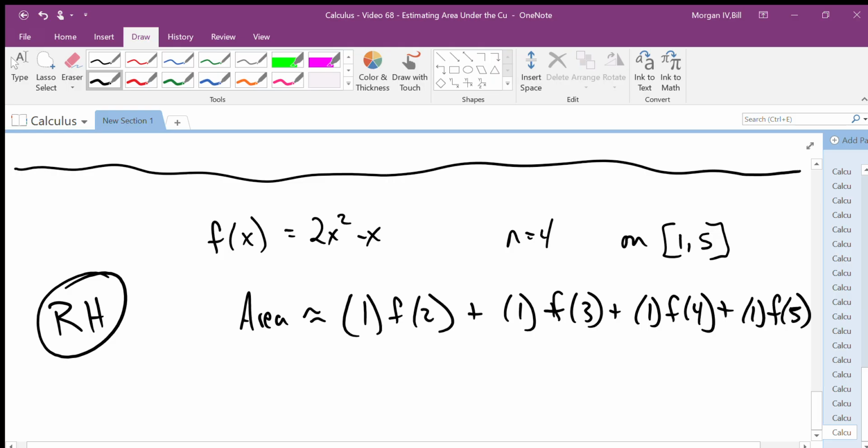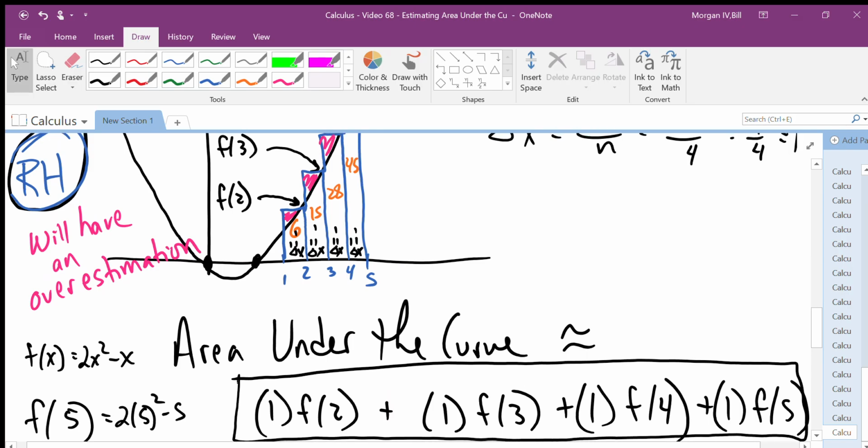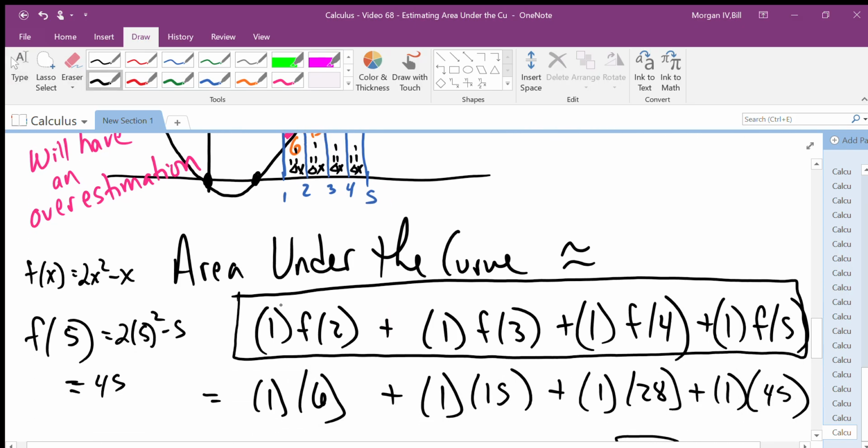Okay. Now the ones here, if you remember, this is the area of a rectangle. The base is the 1, and the f of 2, the function value, is the height. So this is like base times height for the area of each rectangle.